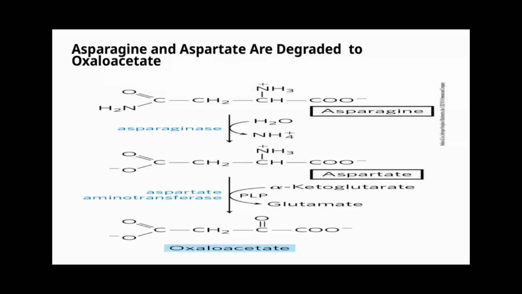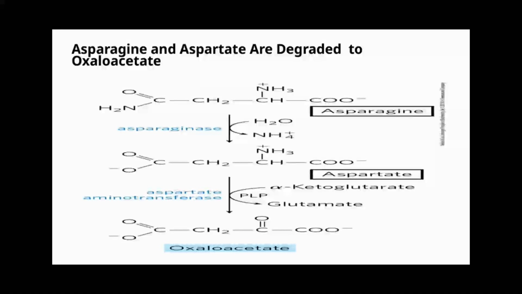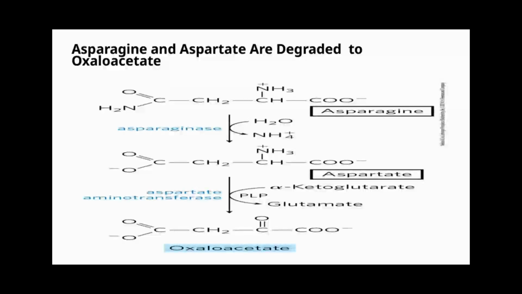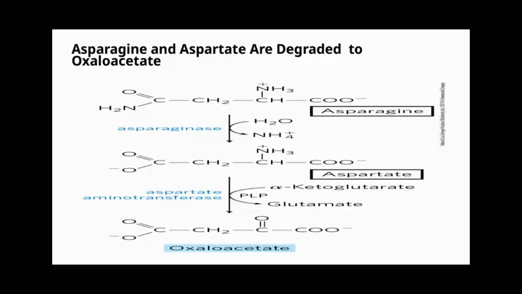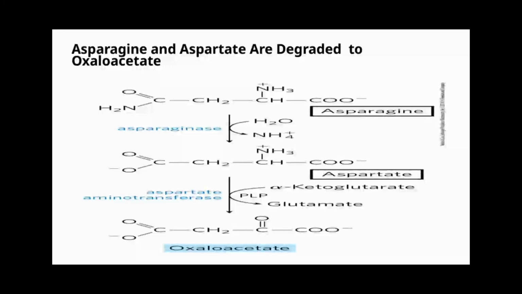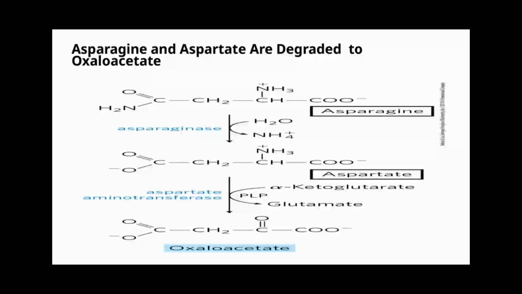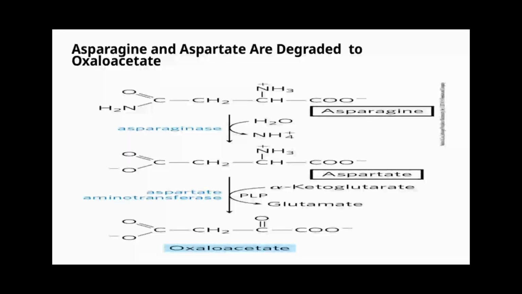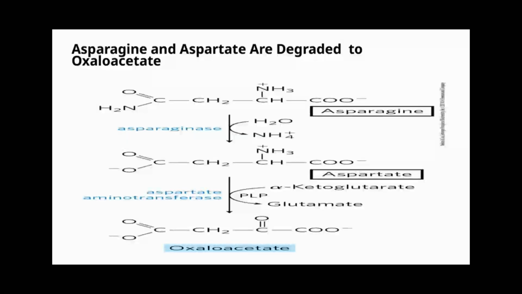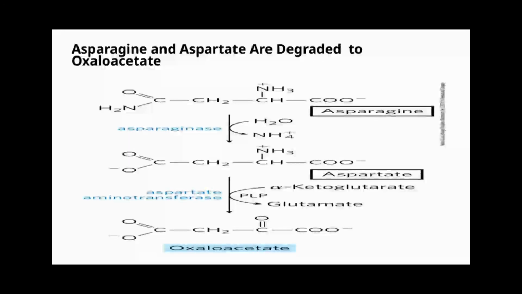Understanding this degradation pathway helps us see how nitrogen from amino acids is managed and how carbon skeletons are funneled into energy-generating cycles. It also emphasizes the interconnectedness of different metabolic routes, amino acid catabolism feeding into the citric acid cycle. This connection is crucial for maintaining cellular energy balance and metabolic flexibility, especially during fasting or high-energy demand states. So, in summary, the degradation of asparagine and aspartate to oxaloacetate exemplifies how our body efficiently integrates amino acid breakdown with energy metabolism.